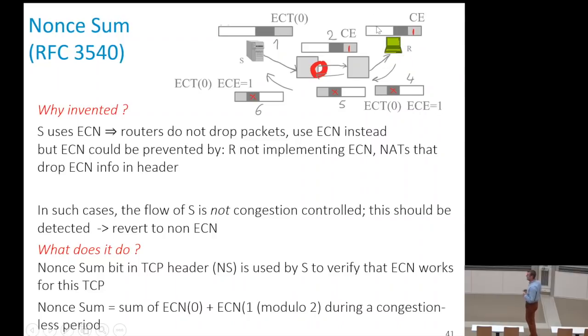If the destination itself is cheating, pretends to be doing ECN and does not do it, then this will also cause a problem, because if the destination receives things that are not ECN marked, it will not receive the CE, so it will not know which of the zeros and the ones, the CE that the destination receives are hiding away the zeros and ones that were sent by the source. So the destination that is cheating does not have the complete information, and with high probability, if there's a large volume of data, this will be caught here.